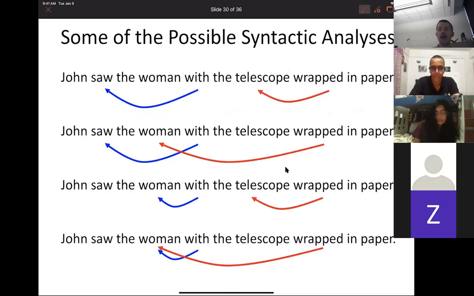So here are some examples of the possible readings of John saw the woman with the telescope wrapped in paper in terms of dependencies among the words.